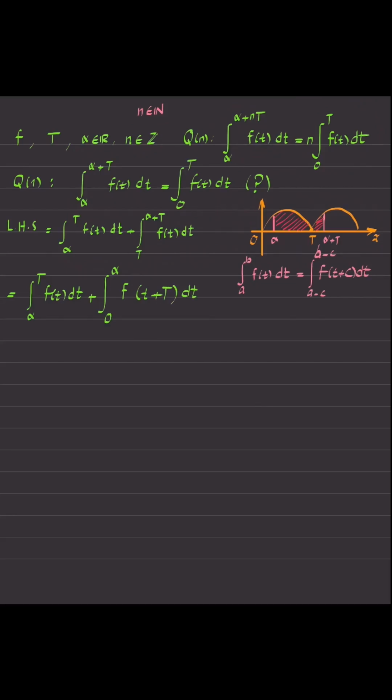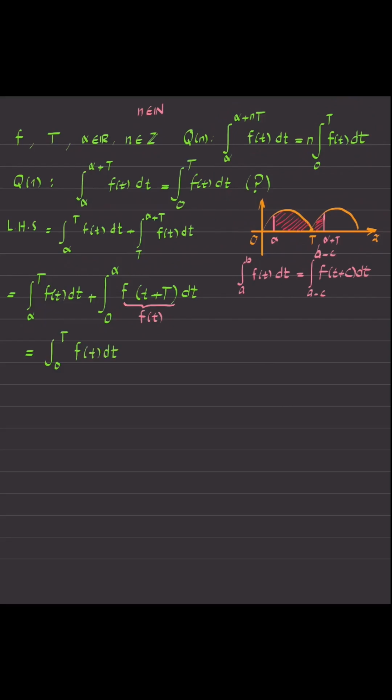But then, don't you remember what is capital T? Capital T is the period of this function, so this can be written as f of t itself. Now look what I have: the integral from 0 to alpha of f of t plus the integral from alpha to capital T of f of t. So I can combine them into one integral from 0 to capital T of f of t dt.